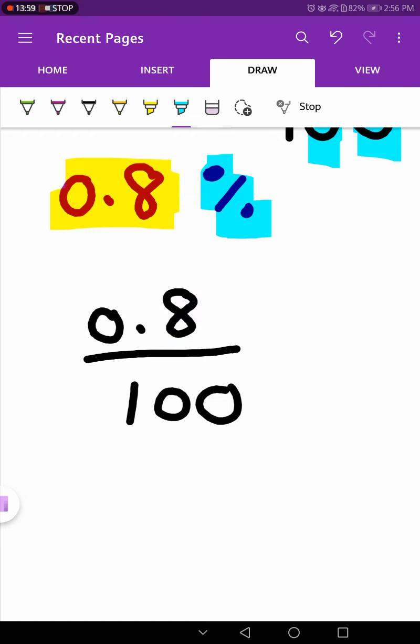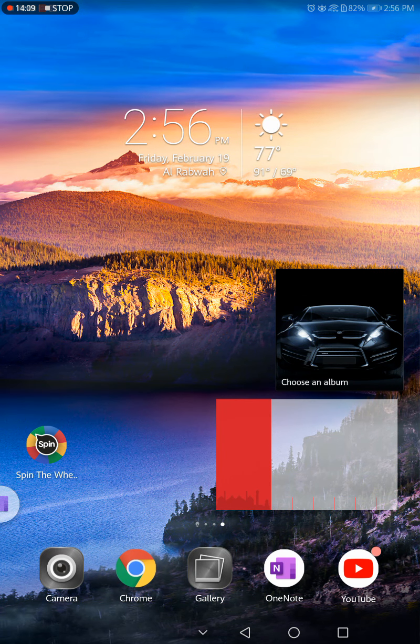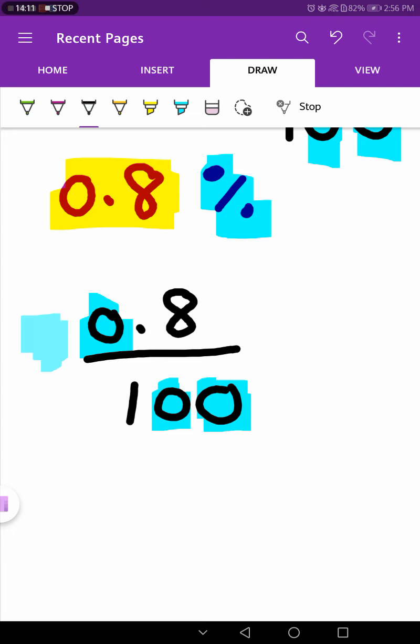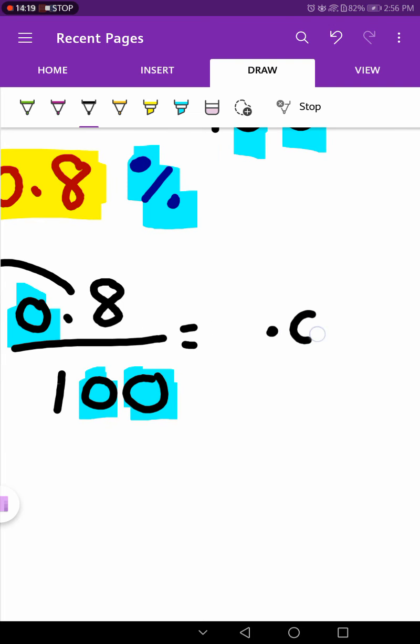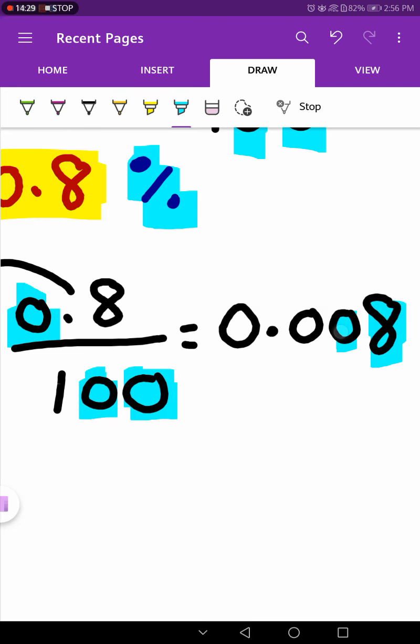How many digits do I have to move? 1, 2. So I have to add 0 here and move the decimal point here. So it will be 0.008, and 0 for decoration or for the whole number. Read it. 1, 2, 3. The 3 digits mean thousandths. So it is 8 thousandths. Thank you.